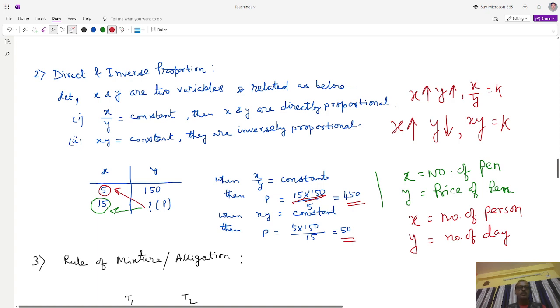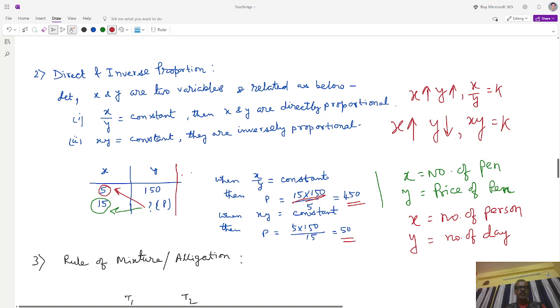Here, I have discussed two variables, but apart from two variables, if there are 3, 4, or many variables, then the rule will be the same and we can solve easily by this rule. Okay.